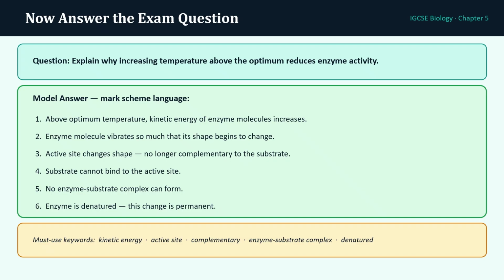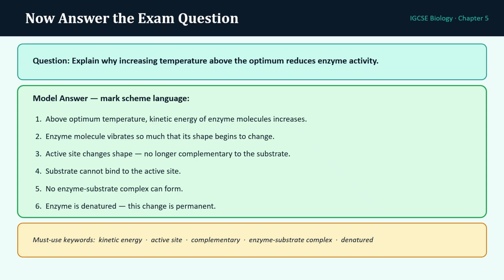Now let's answer the question from the beginning of this video. Explain why increasing temperature above the optimum reduces enzyme activity. Build the answer step by step. Each point is a mark. 1. Above the optimum temperature, the kinetic energy of enzyme molecules increases. 2. The enzyme molecule vibrates so much that its shape begins to change. 3.